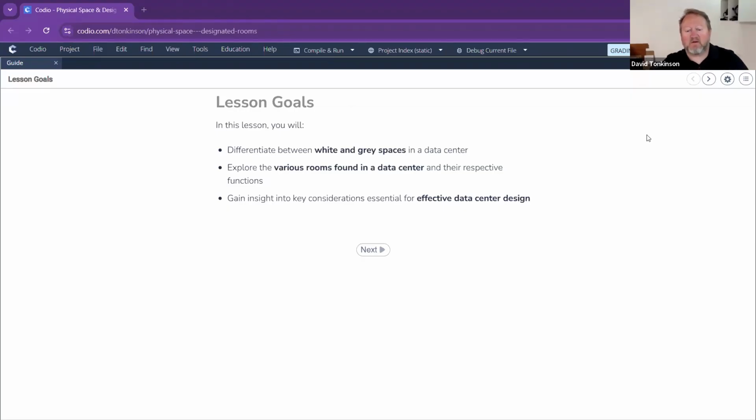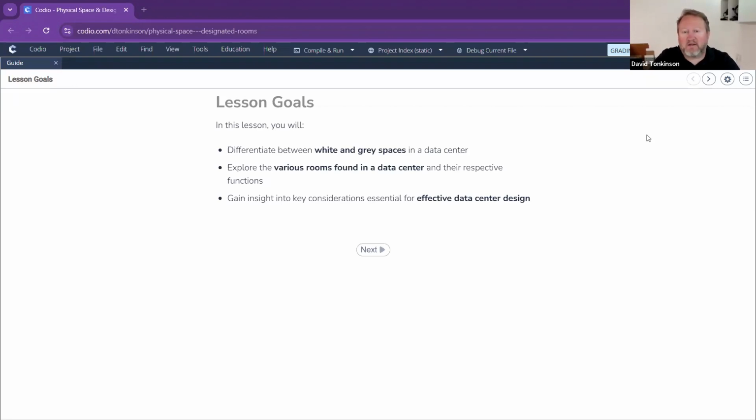Okay, so today our lesson goals are really to talk about the difference between white and grey space. I said I'd iron these things out because last week we spoke about red, yellow and green, so we talked about those different areas in the data center. We'll have a clear definition of what white and grey space is. We're going to explore the various rooms found in data centers. They are not all the same.